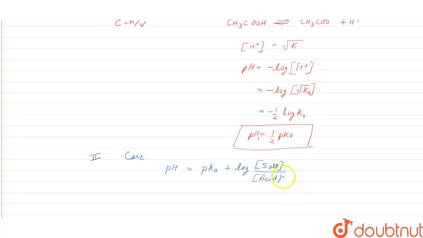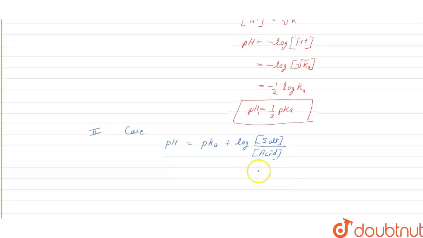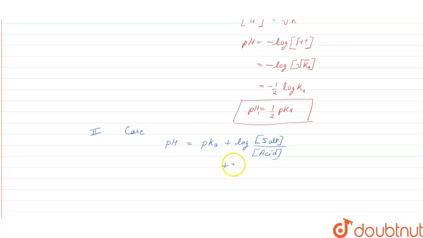Now again the concentration is 1, isn't it? So putting log 1, that would give us the value 0, because we know that log 1 is equal to 0. So here we got the new derivation, that is pH2 is equal to pKa.